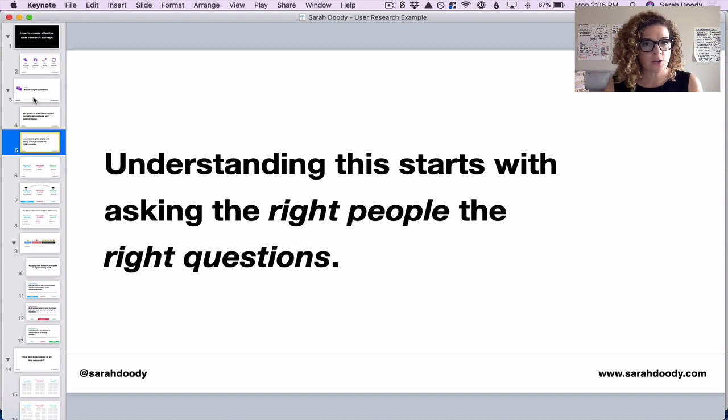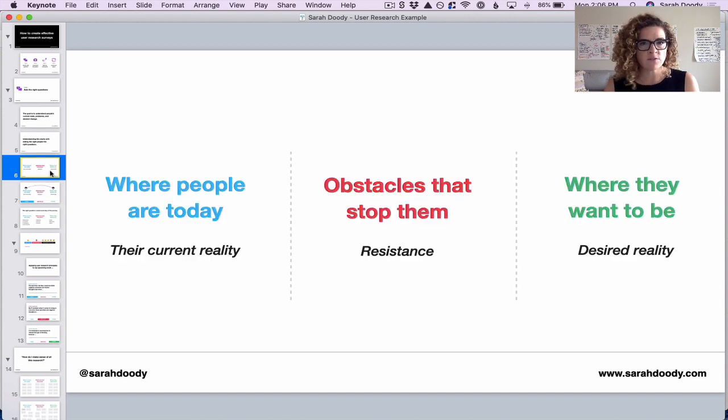So before you start to write questions for a survey or interviews, if you were going to conduct interviews, before I start any research project, I take a step back and have a conversation with either my team or my client, if a company has hired me to do research, framed in these 3 sections.